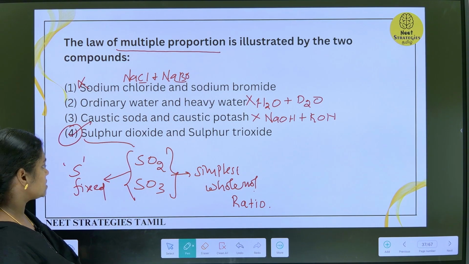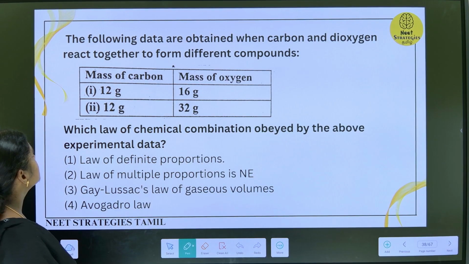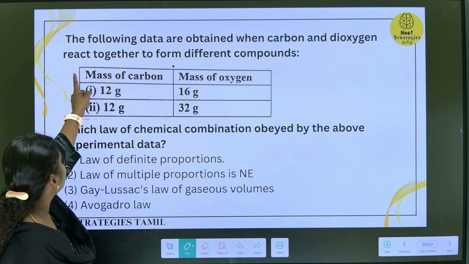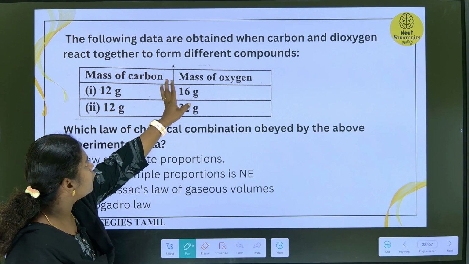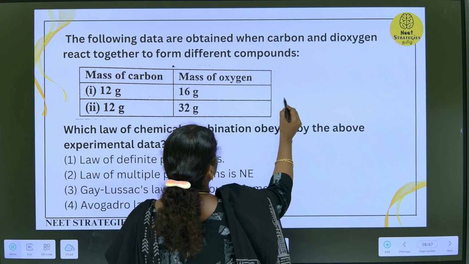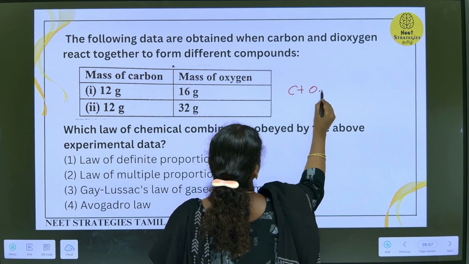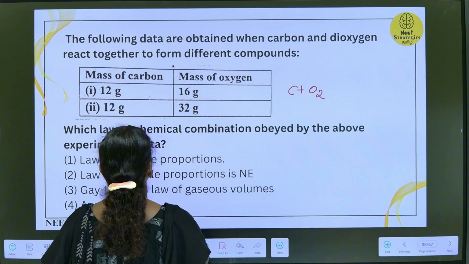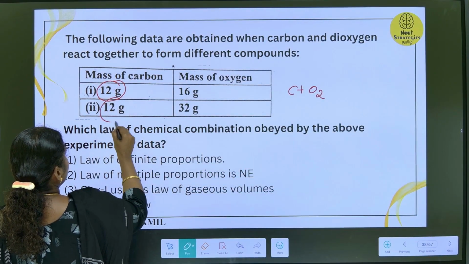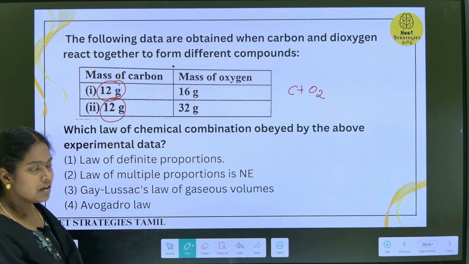Right? Next one. The following data are obtained when carbon and dioxygen react together to form different compounds. Here the mass of carbon is given, and it is the fixed one.